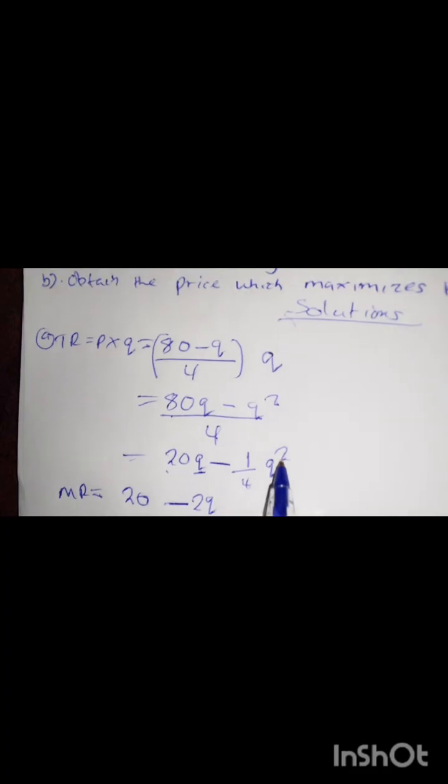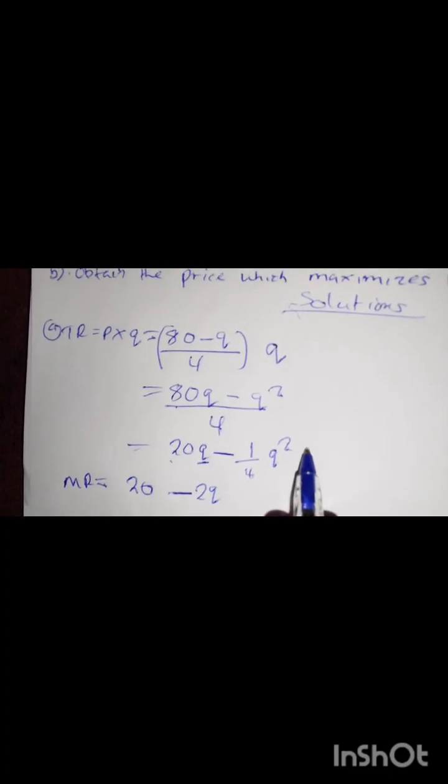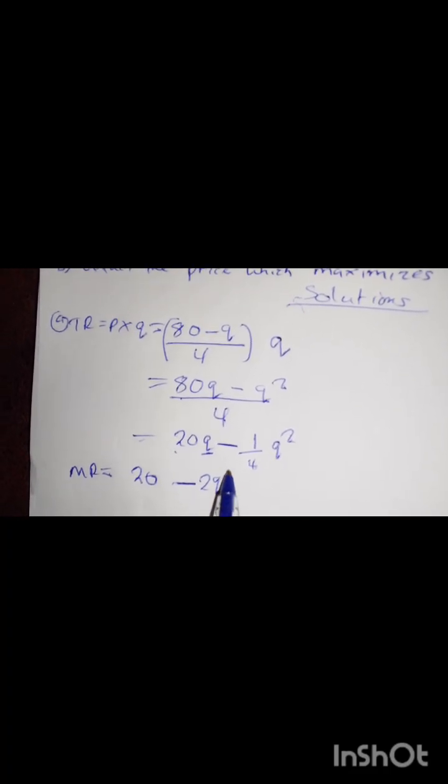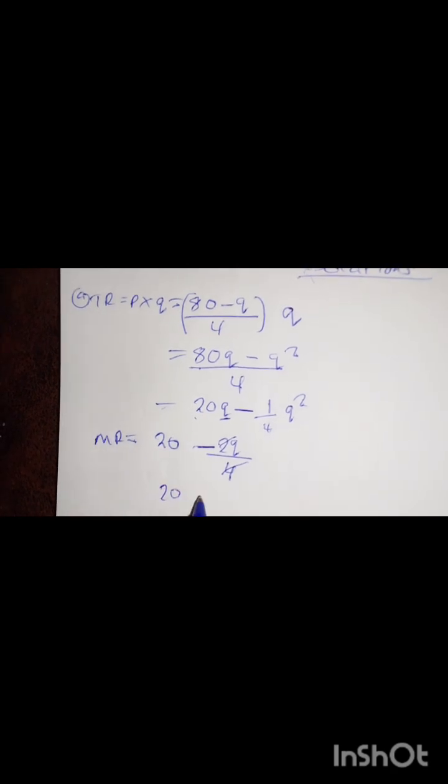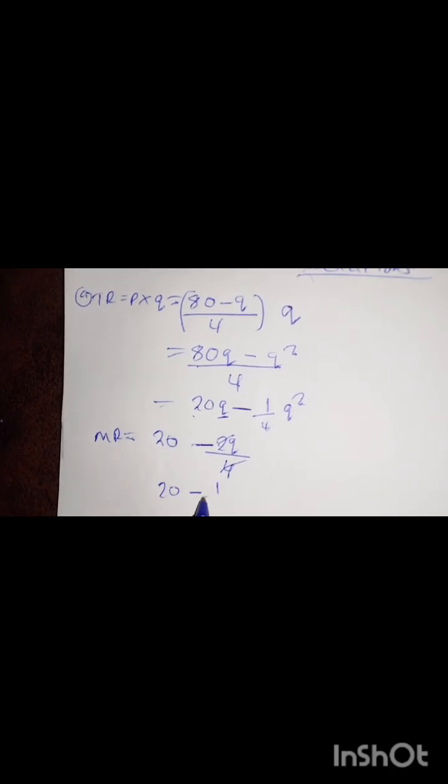That is 2Q to the power 2 minus 1, which is 2Q to the power 1, over 4. This 2 and this 4 can cancel. So we're going to have 20 minus Q over 2 as our marginal revenue.